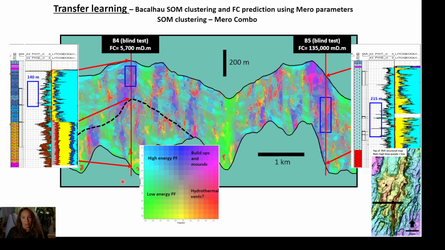comparing it to what we saw in the Mero field, using the Mero combination of attributes, the higher energy areas were similarly detected in these blue colors and the purplish colors, so a great transfer of results.